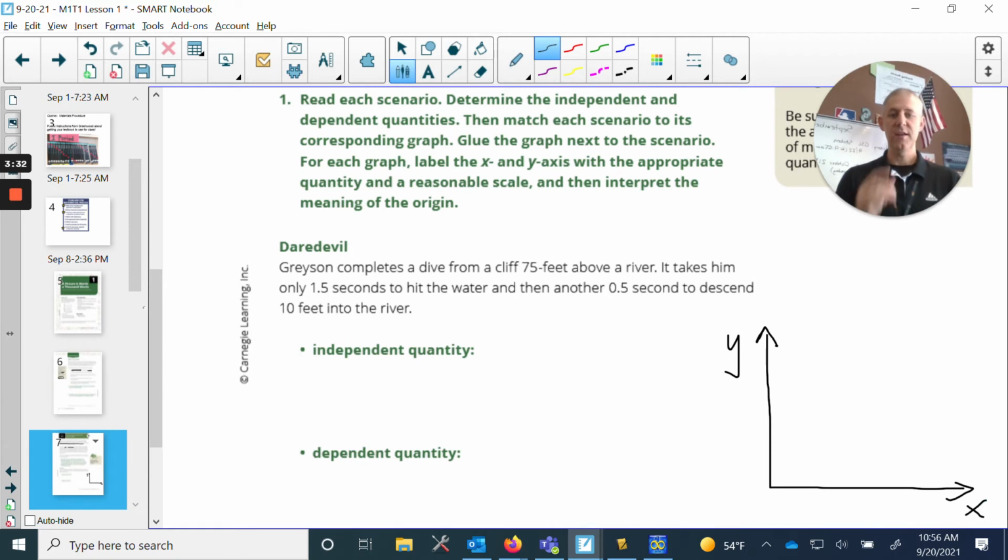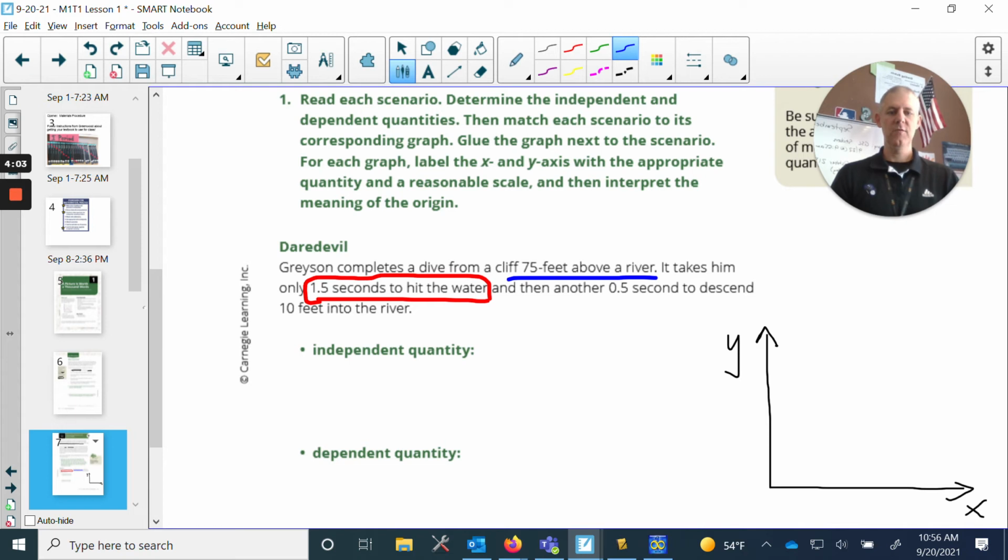And we decided that Grayson's starting 75 feet above a river, and it takes him 1.5 seconds to hit the water, and then another 0.5 to descend into the water. The seconds was what we call the independent variable, because that was the time from when he jumped. And we felt that the height above the river, I said underline that, not circle, would be the dependent variable.